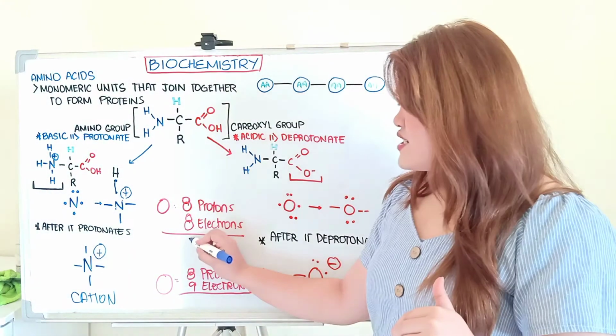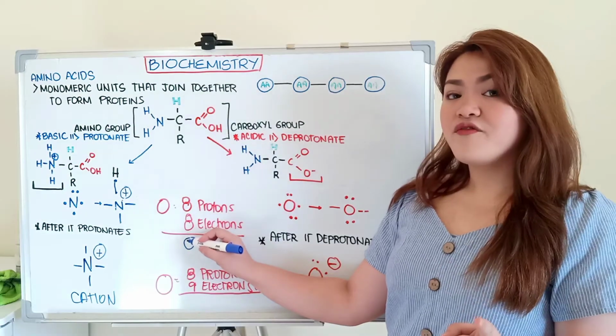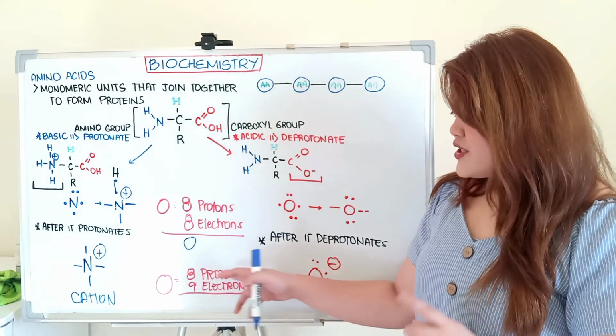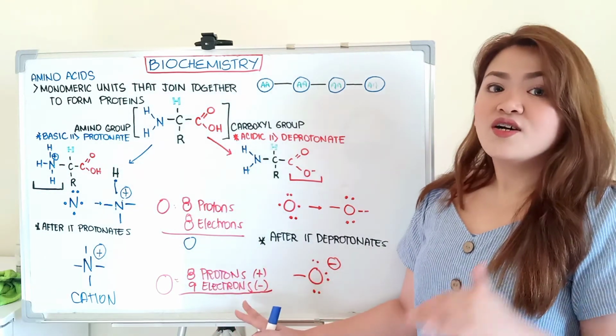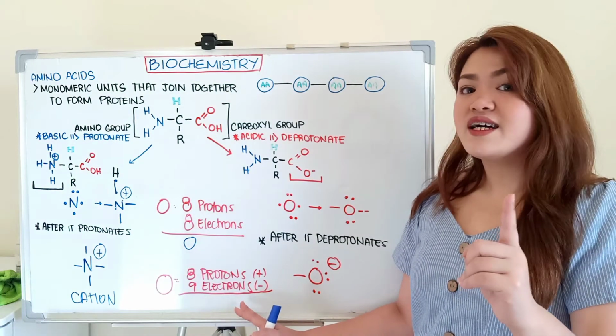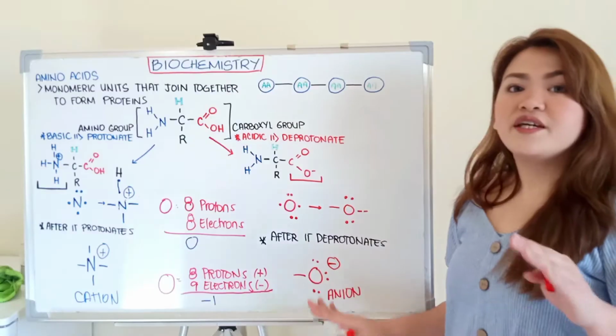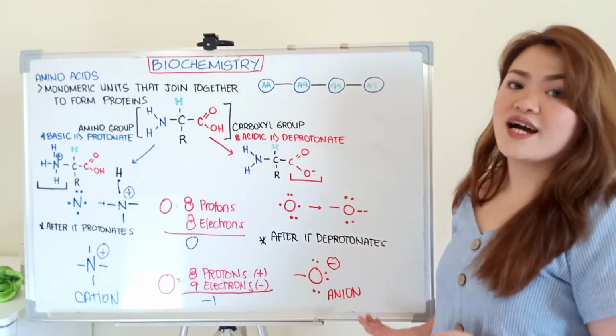Kaya nanoneutralize yung charge natin. However, after accepting 1 electron, magiging 8 proton and 9 electrons na siya. So, ngayon, may sobra tayong isang electron, giving it a negative formal charge, making oxygen a negatively charged anion.